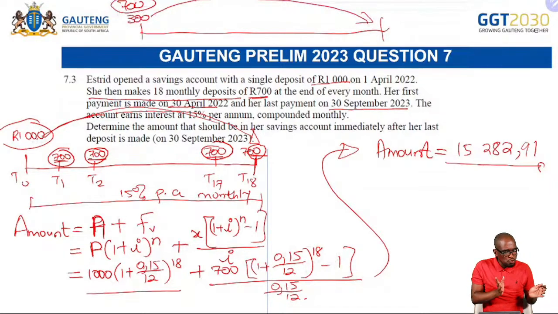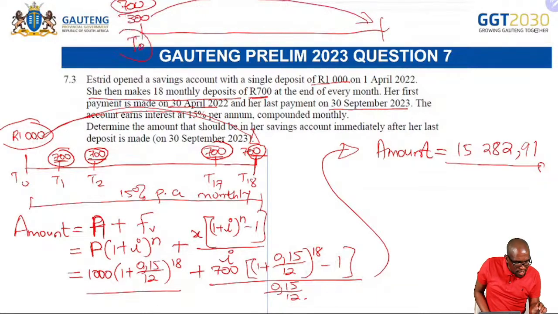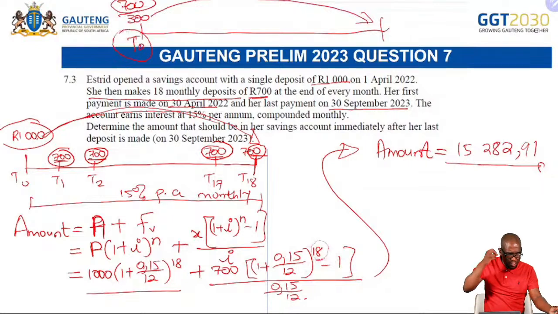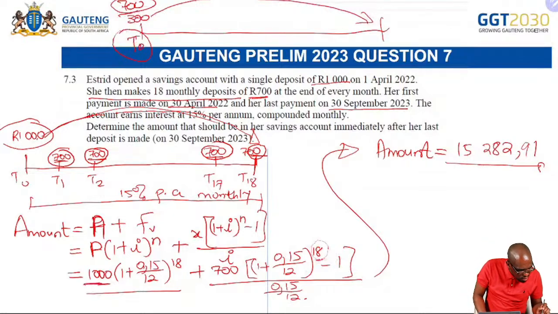The aim is that in this 1000 there is also 700, which can be put as part of the annuity. So if there's a 700 deposit made at T0, it means there's one extra payment, which means that for this future value formula, instead of using 18, you'll be using 19. And then for this 1000, instead of using 1000, you'd be using 300. So that's an alternative method that one can actually use.